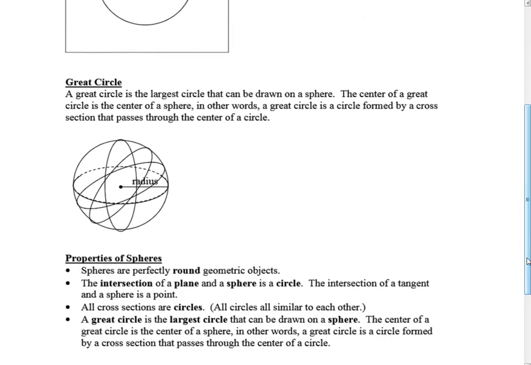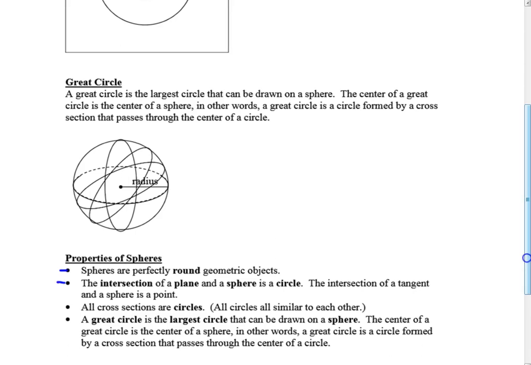So when we're looking at circles, a great circle is the largest circle that can be drawn on a sphere, and the center of a great circle is the center of the sphere. So that's what we get when we get a cross section, or if you rotate a circle around, you create a sphere. Spheres are perfectly round geometric objects.